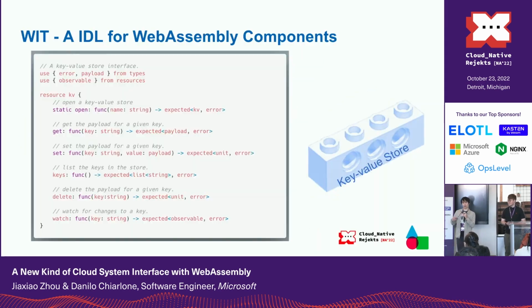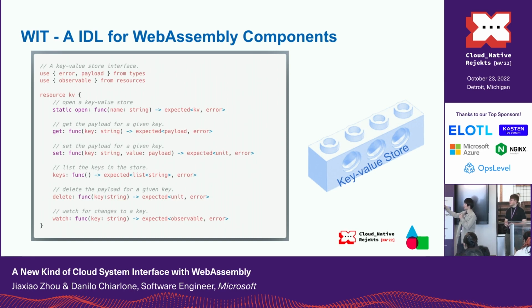So to go into more detail, the component model comes with an IDL to define your interfaces. And that IDL is called WebAssembly Interface Types, or WIT. I'm showing one of the capabilities in SpiderLightning, which is key value store. You can write the key value store interface in this WIT syntax.